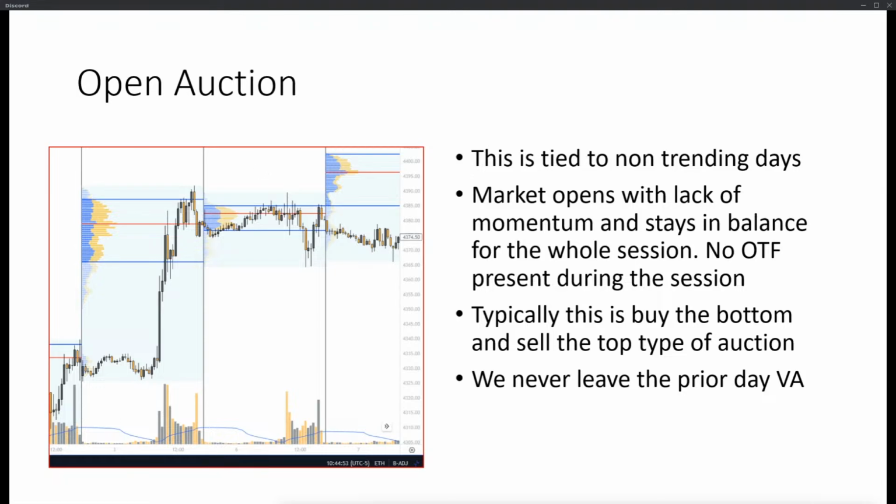Even on that little matrix that I gave you guys, it's called a neutral day. You have an extension up, extension down, and you just auction in between, right? And I bet if you look at these wicks on this day, maybe November 6th, you will see that there was a little bit of excess high and a little bit of excess low, and they just negotiated in between until they figured out where the value is.